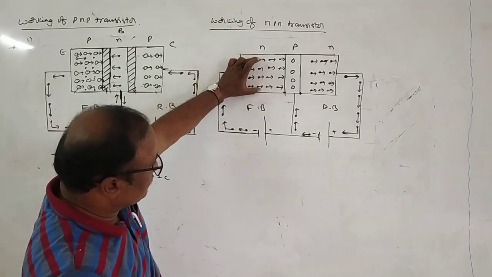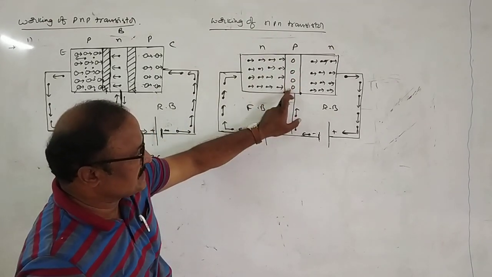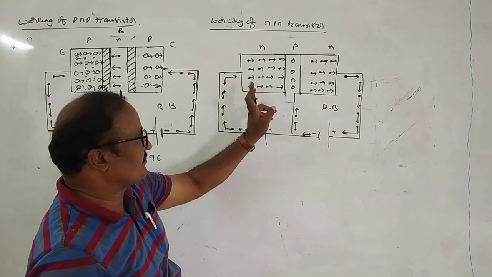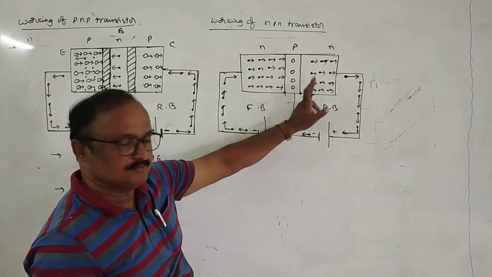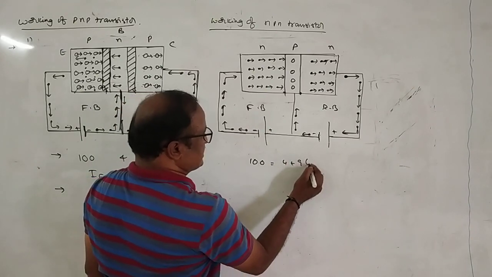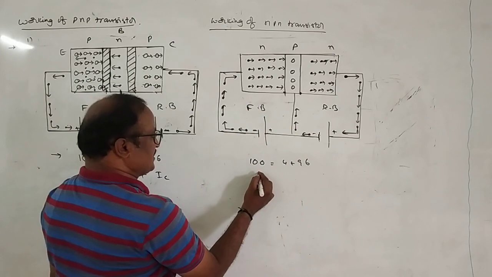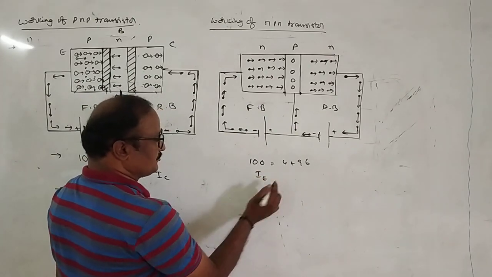Right? Next again, suppose for example 100 electrons are coming from the emitter region. Out of 100, 4 electrons are recombined with the 4 positive charge holes in the P region and the remaining 96 electrons freely enter into the collector region. That's why total 100 is equal to 4 plus 96. The 100 charge carriers coming from the emitter region constitute the emitter current.